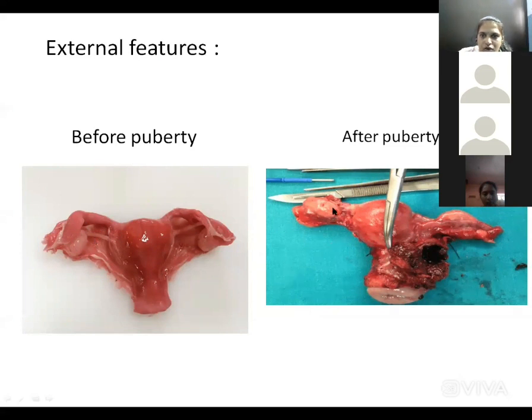After puberty, ovum is released from the ovary. So before puberty, the ovaries are smooth, whereas after puberty, the surface gets uneven. It's obvious, no? Here is the smooth and here is the uneven. Color, here it is pink and here it turns gray.